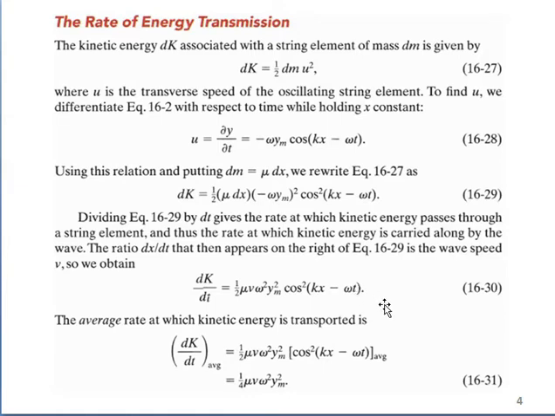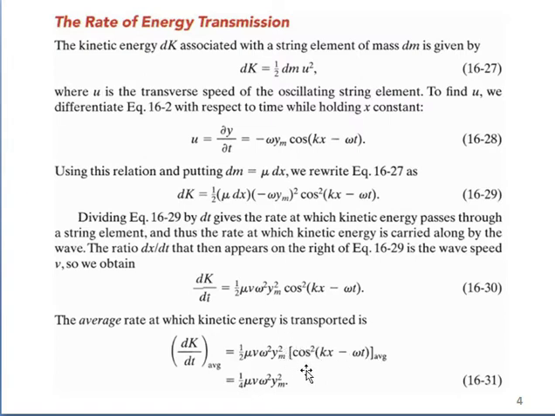Now, how do we find the average value of dk by dt over one period, two periods, or any number of periods and any number of wavelengths? We take the average of dk by dt, and that is equal to half mu v omega square ym square, and the average of cos square (kx minus omega t).